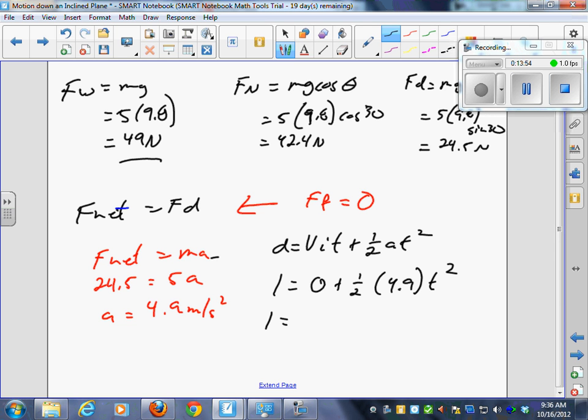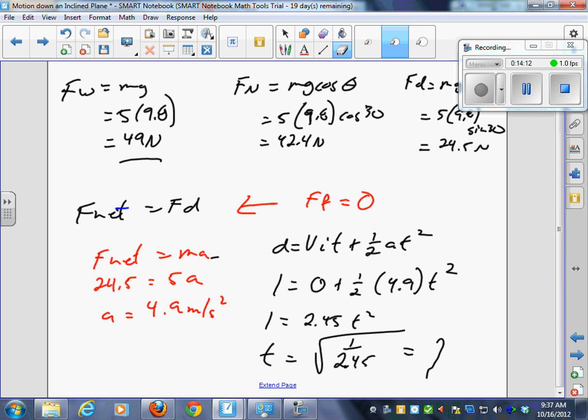1/2 of 4.9 would be 2.45, right? 2.45 t squared, giving me t is equal to the square root of 1 over 2.45. 0.64 seconds.